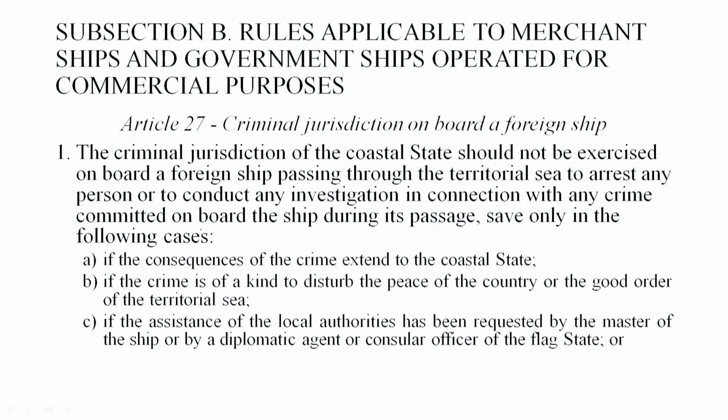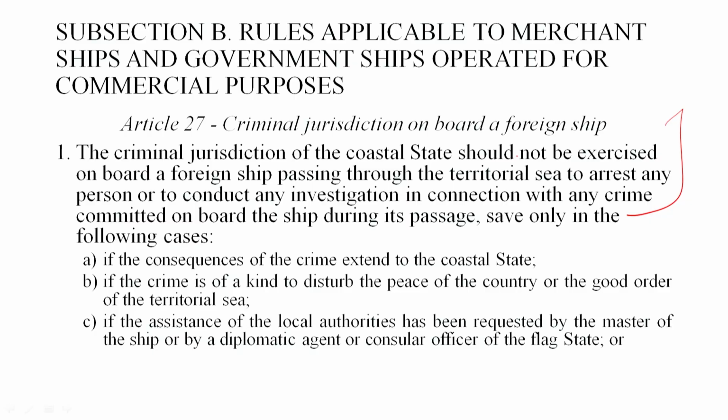So the general rule introduced in clause 1 is that the coastal state does not have the right to arrest any person or conduct any investigation in connection with any crime committed on board, that is, inside the ship, which carries the flag of another country and is not registered in that coastal state. But still, there can be grounds on which jurisdiction can be availed.